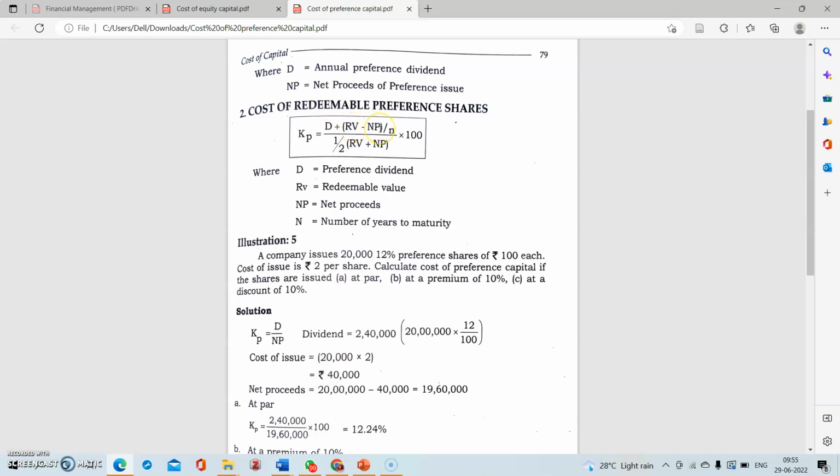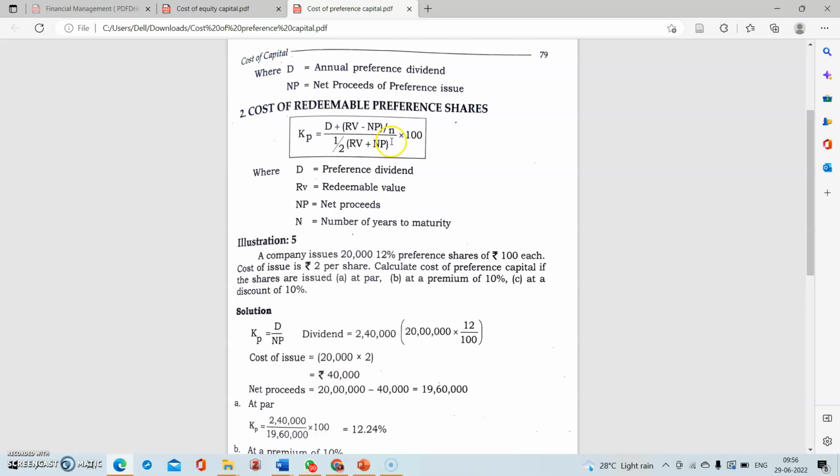But NP, we have seen, is what you got at the time of issue, whether it was at par, at premium or at discount. So in the case of redeemable preference shares, sometimes there can be a difference between redeemable value and the net proceeds. In that case, you will have to take that also into consideration.